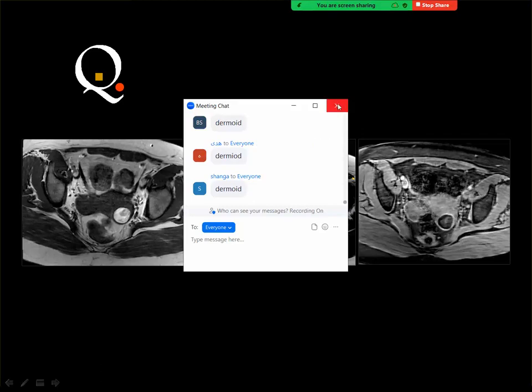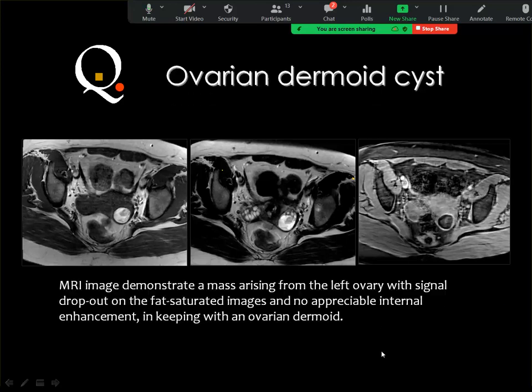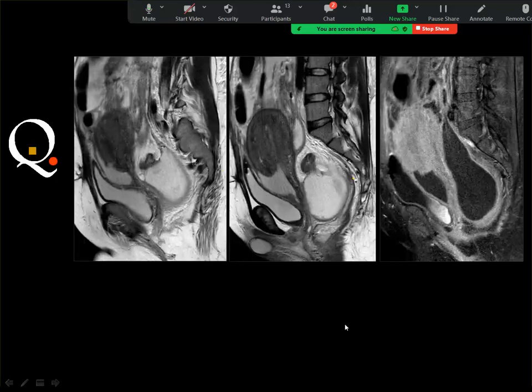Yes, this is the classic appearance of a dermoid cyst containing fat, which is bright in the T1, less bright in the T2, and is suppressed in the fat suppression images. Diagnostic of ovarian dermoid. You see some follicles in the left ovary, and this is the right ovary, which looks normal. Next case.